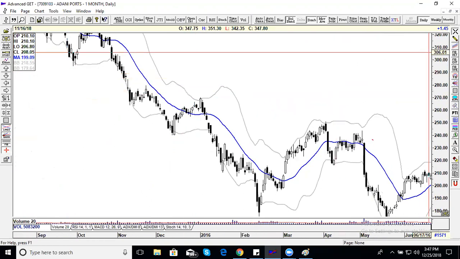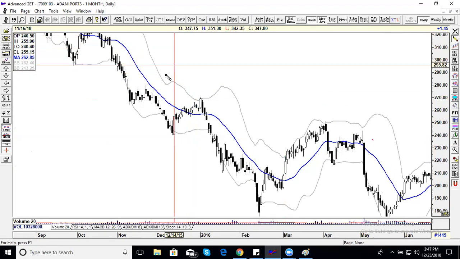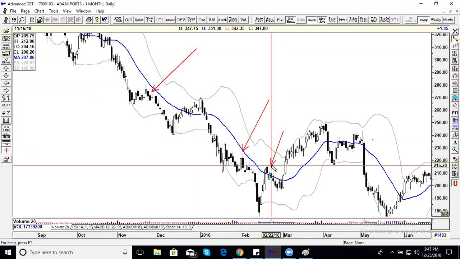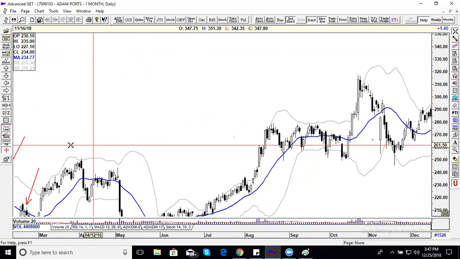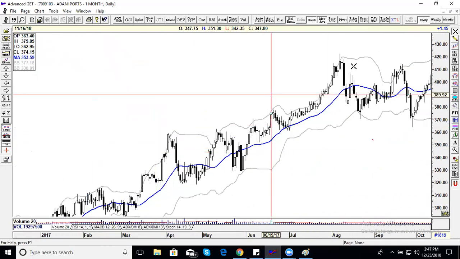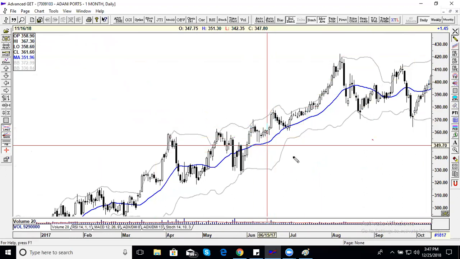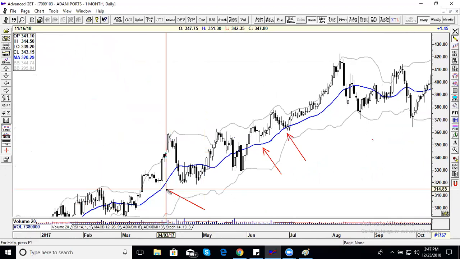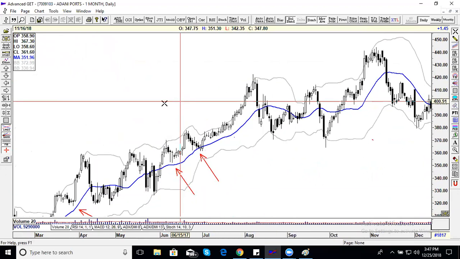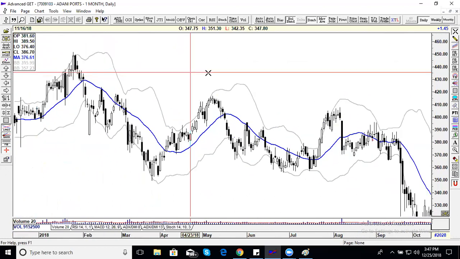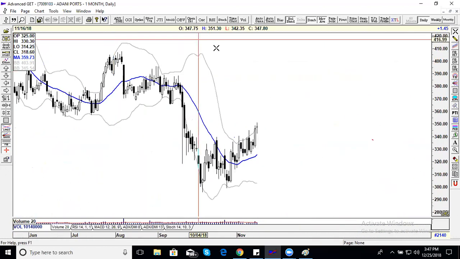See here, in a bear market, the middle band will act as resistance. In a bull market, the same middle band, in strength, will act as support. So this is how you should define the trend. These are re-entries for me. Got it?